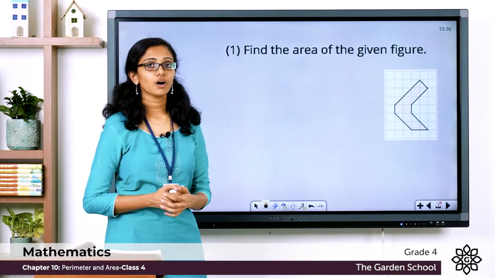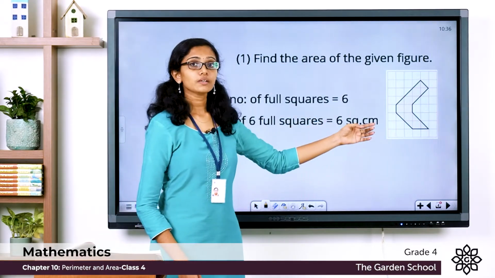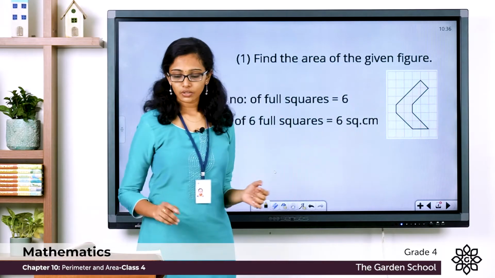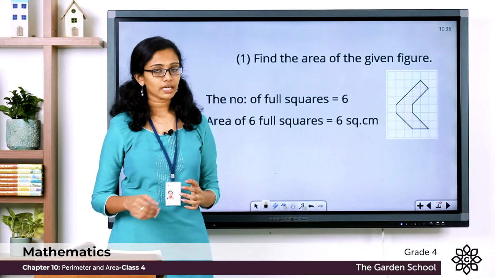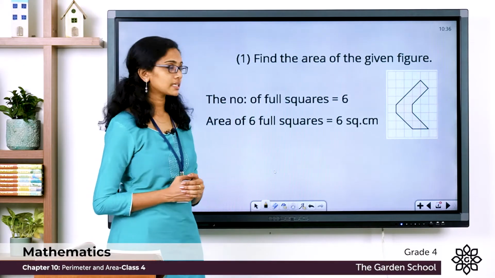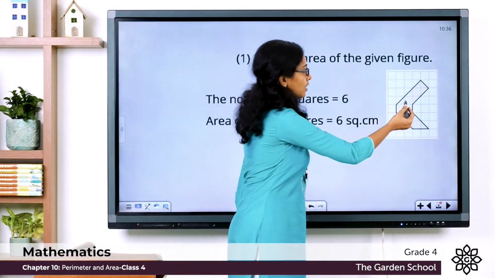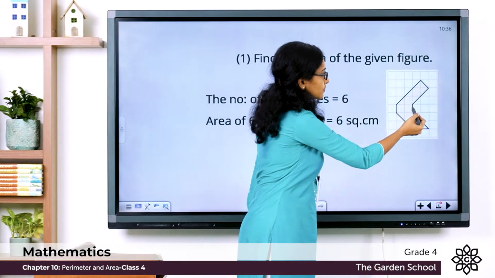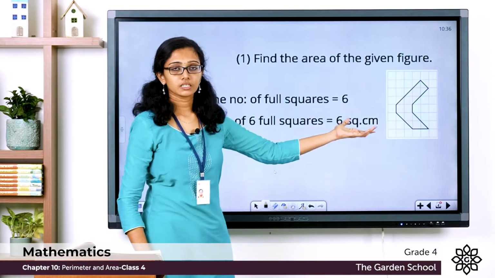So, like we said before, what is the first step? First, you have to count the number of full squares. And you can see this picture in page number 148 of your textbook. You can count the squares from your textbook itself. So, counting the full squares first. Here we have 1, 2, 3, 4, 5, 6. 6 full squares are covered by this figure.